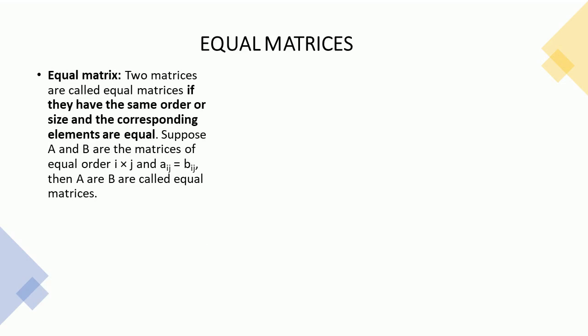So let's look at equal matrices. When is a matrix said to be equal to another? Two matrices are said to be equal if they have the same order and the corresponding elements are equal. Once two matrices have the same order or size and their corresponding elements are equal, they are said to be equal matrices.